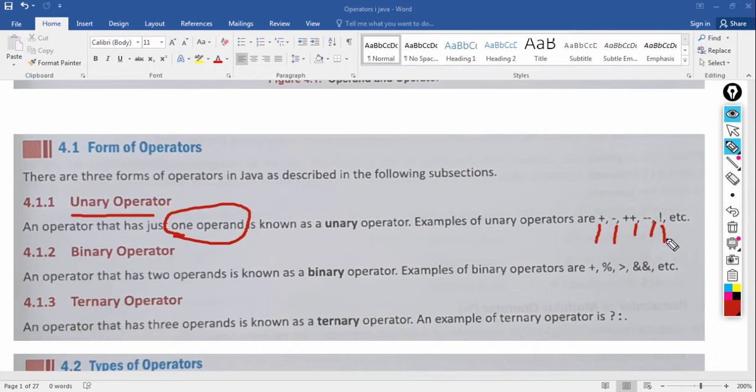So these are examples of unary operators. Now some of you might be confused that plus and minus need two operands, isn't it? You cannot perform an addition operation on just a single operand. But let me show you a situation where plus and minus can be used with only a single operand.